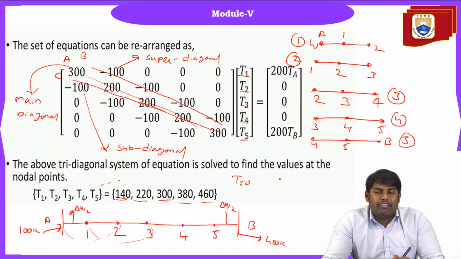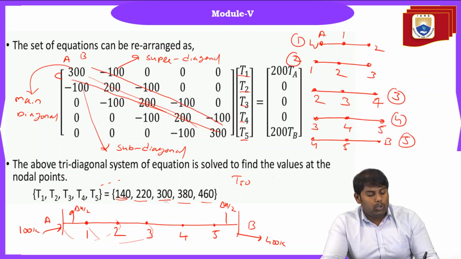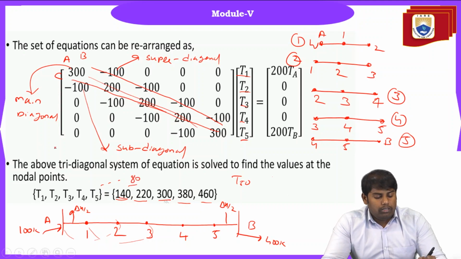For the 5 points, from point 1 to 2 you can see the variation is nearly 80, so you have a bandwidth of 80 Kelvin. Between T1 to T2 you have 80 Kelvin, T2 to T3 80 Kelvin, T3 to T4 80 Kelvin, T4 to T5 80 Kelvin.